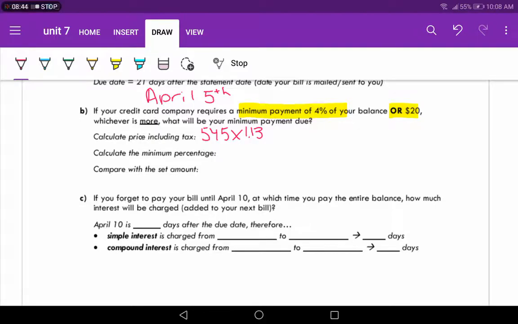Okay, so that will give you the total with tax. Okay, and you're always going to multiply by 1.13 to add tax. And I'll just make a note of that over here.